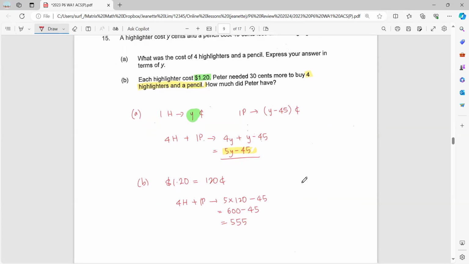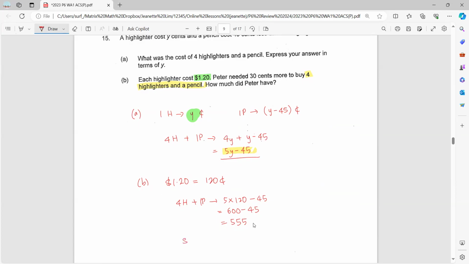But we are supposed to find what Peter has, right? Peter needed 30 cents more in order to buy this. So do you think he has more than 555 cents or less? This is the cost of what he needs in order to buy 4 highlighters and 1 pencil. So if he doesn't have enough, then what he has is less than that.